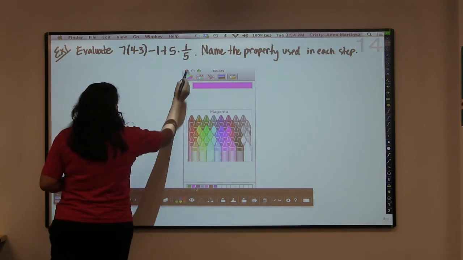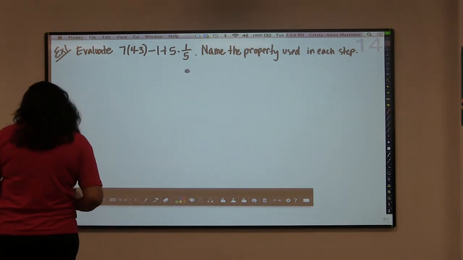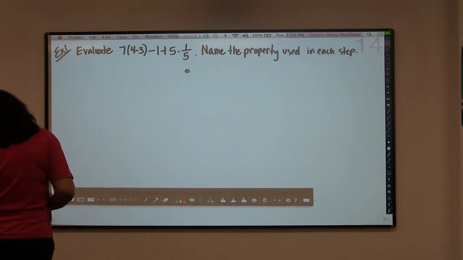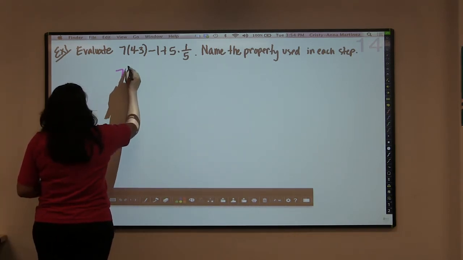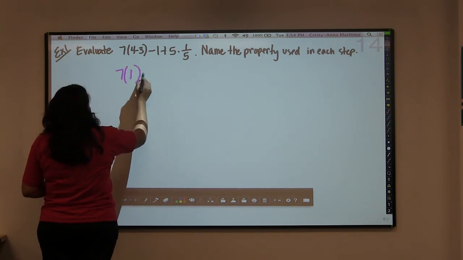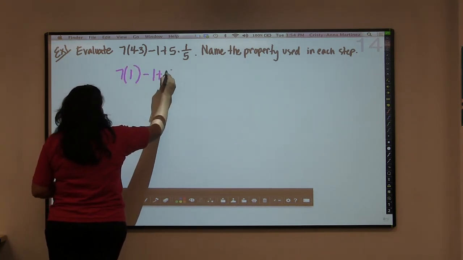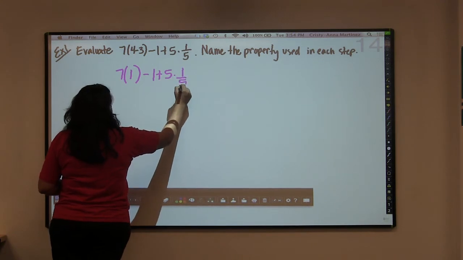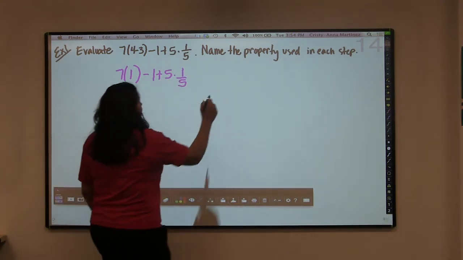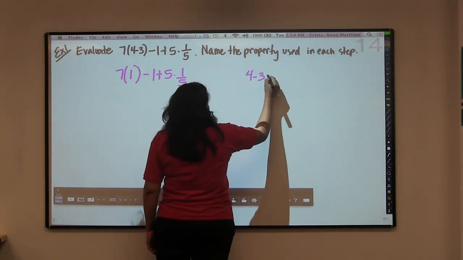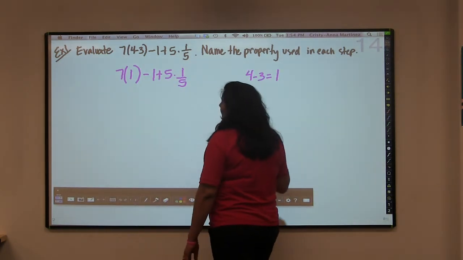Okay, so the first thing we're going to want to do is parentheses first. So we're going to go 7 times 4 minus 3 is 1 minus 1 plus 5 times 1/5. But next to that, we have to write down what we just did. We know that 4 minus 3 equals 1, which is why we put a 1 here.